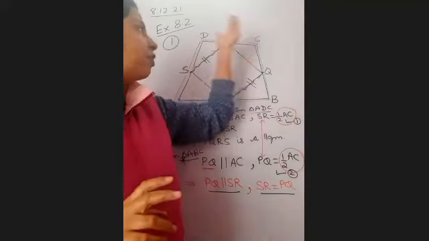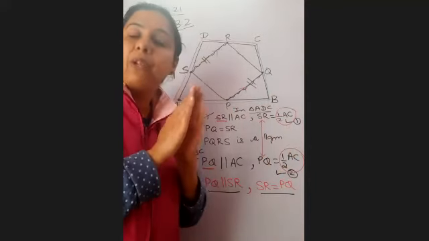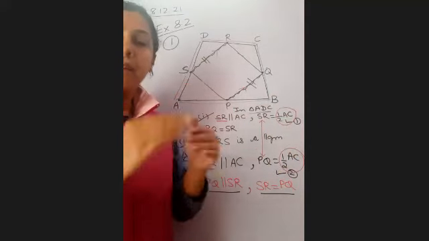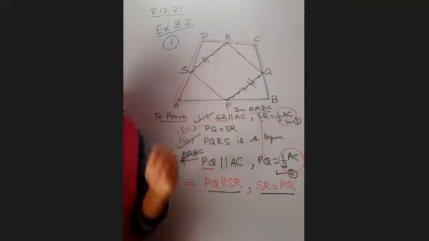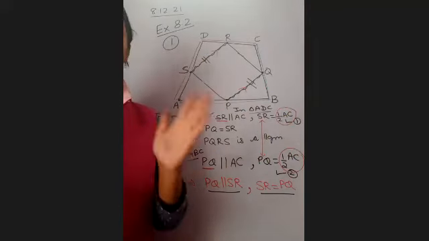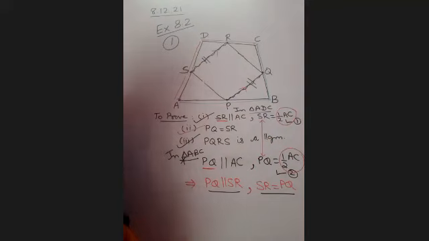Though ABCD was a general quadrilateral, not a special quadrilateral, the one obtained by joining midpoints is going to be a parallelogram. Are you with me? Yes, ma'am.